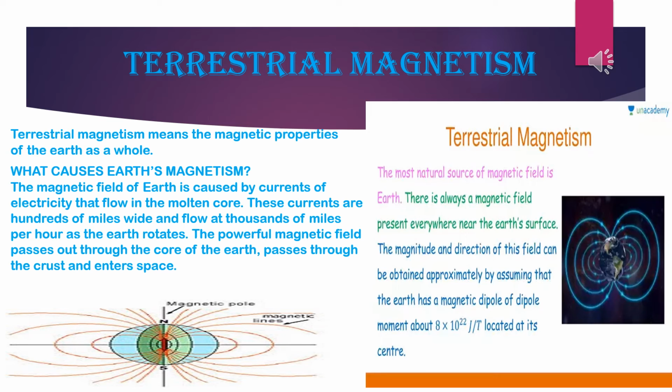An iron rod left for long along the north-south direction is feebly magnetized with its end facing north becoming a north pole and the other end a south pole. From this phenomenon, it can be concluded that the earth itself is a huge magnet. This idea was proposed by Sir William Gilbert.